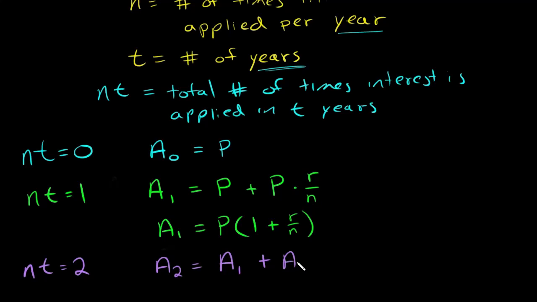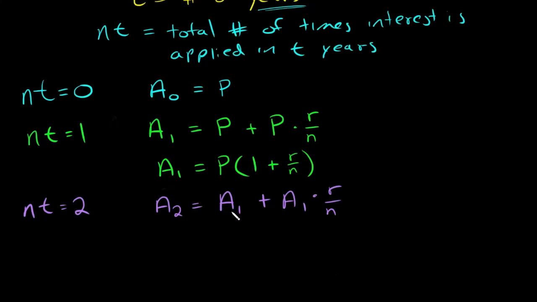And then I'm going to add my interest, which is the amount that I had previously times R over N. Now I know what A1 is, so I can plug it in. I'll have P(1 plus R over N), and then I plug in A1 again, so I get P(1 plus R over N) times R over N.